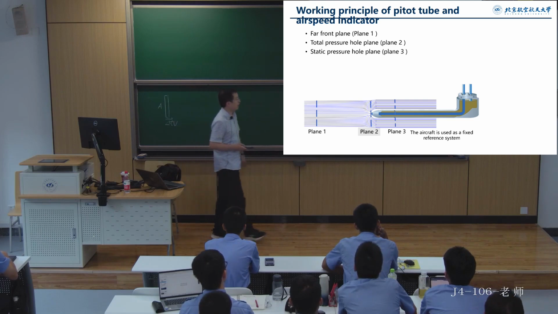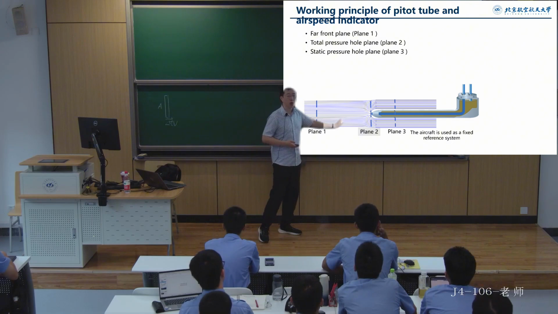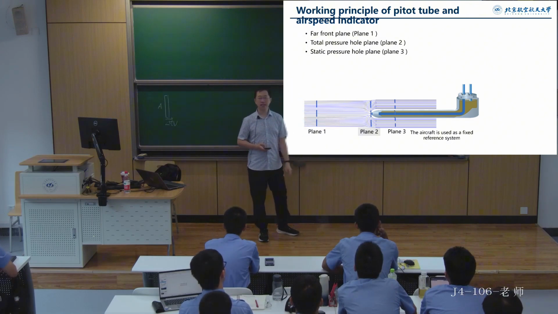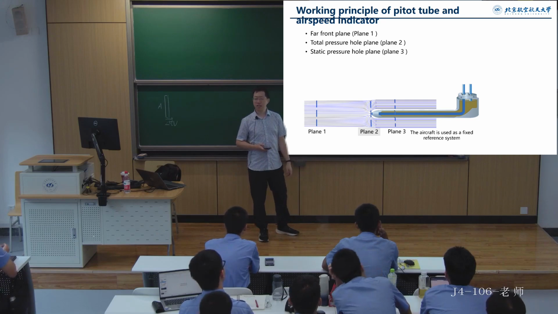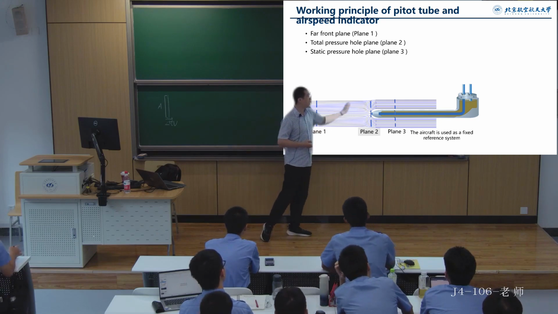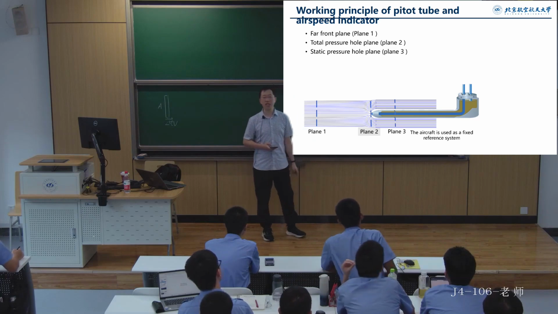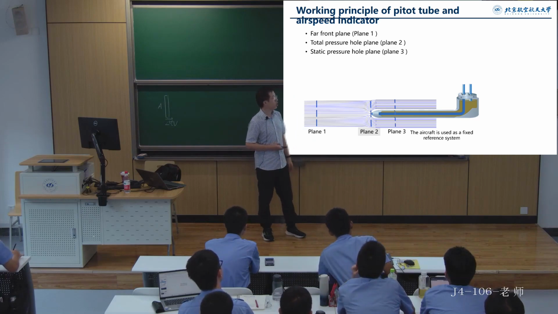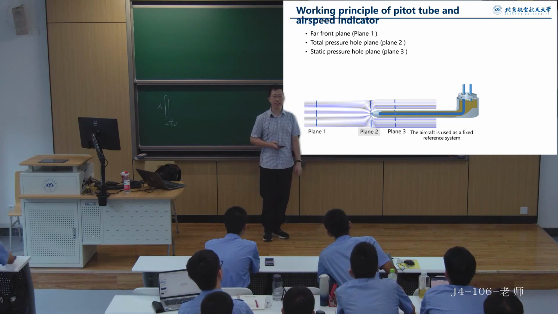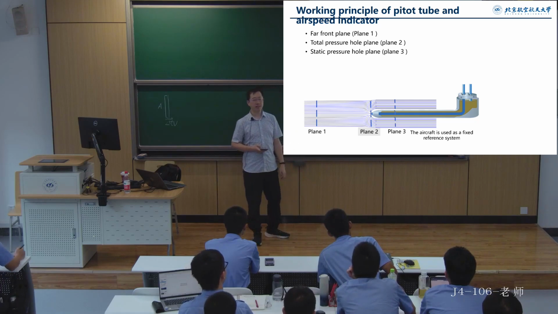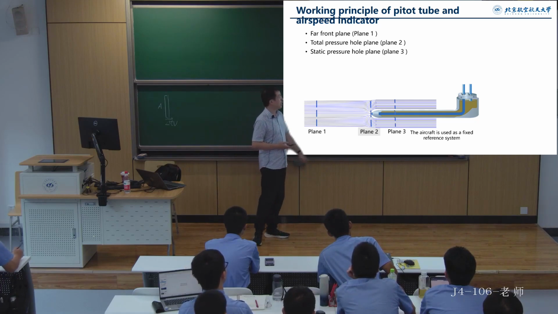So, I ask everyone, at the distant front plane 1, what should the speed be at this time? It should be the relative speed between the airplane and the air, right? And what about its pressure? It should be the atmospheric pressure of still air, right?